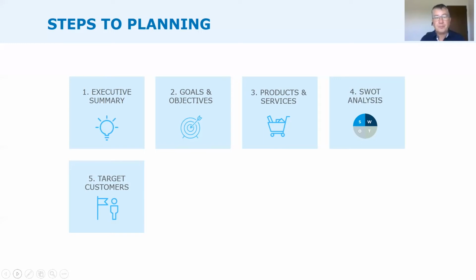Our next section is about target customers and thinking about who or what your ideal customer looks like, and thinking about some of the demographics or geographic information that's going to help you get to the ideal customer.